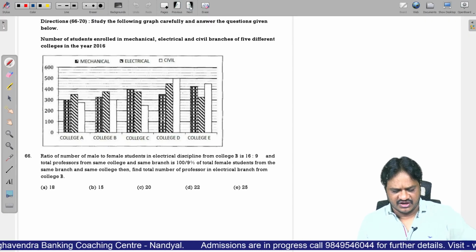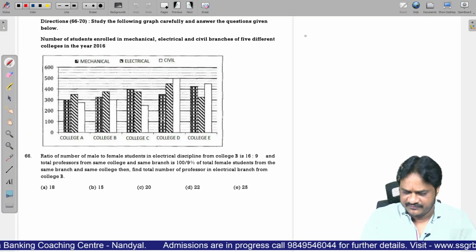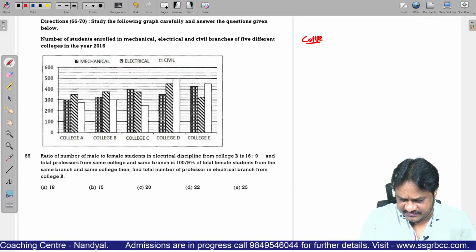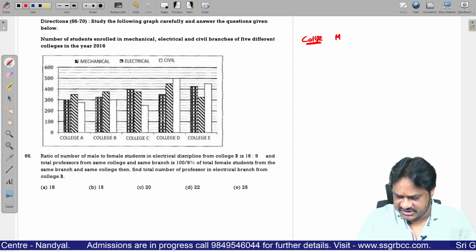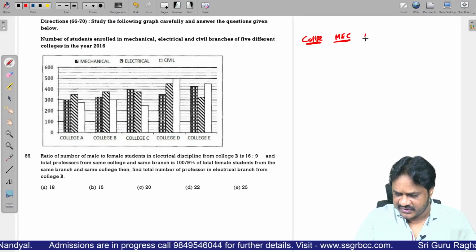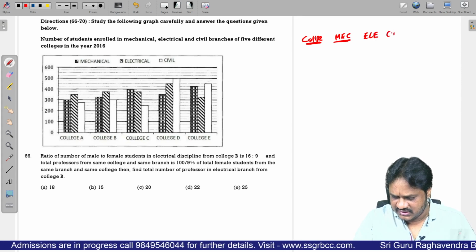So first of all, we will draw one 4-column table. First one is college. Next one is mechanical, electrical, civil and total.